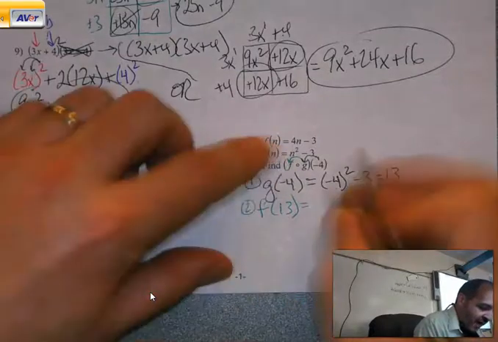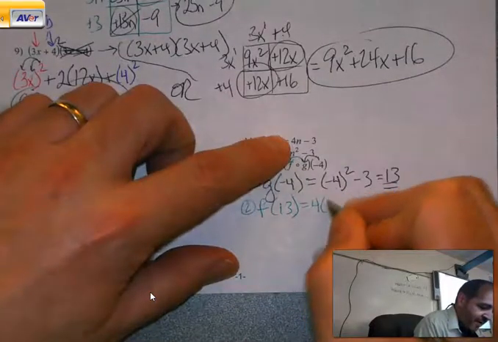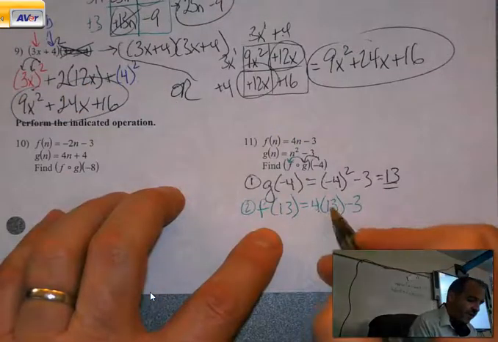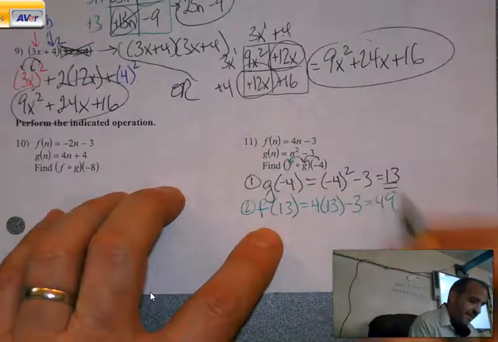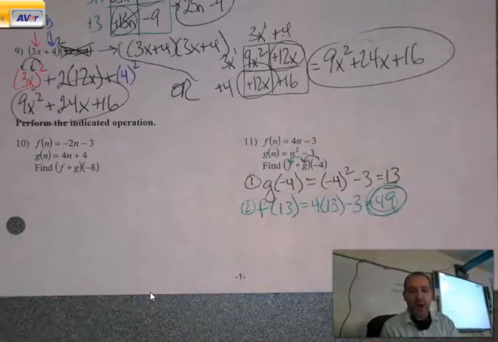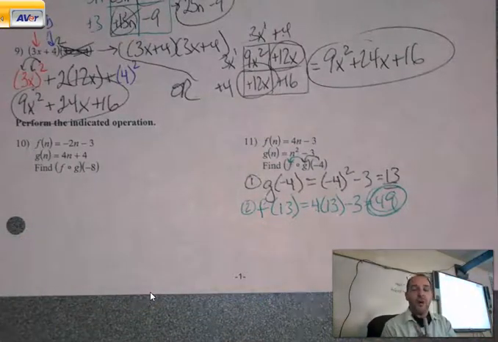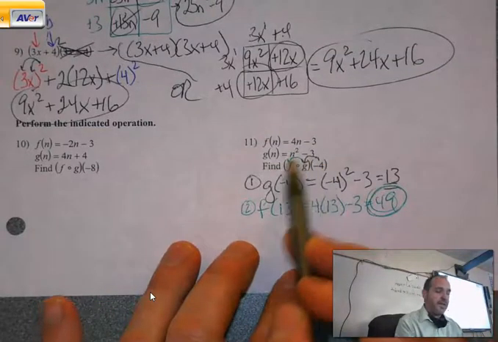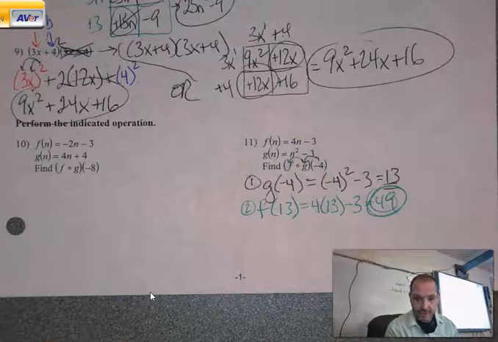And so now here's f, and I'm just going to plug 13 in where the n is. 52 minus 3 is 49. That's the answer. It's not two separate problems. It's one problem with two parts. But always go from right to left as you're plugging in.